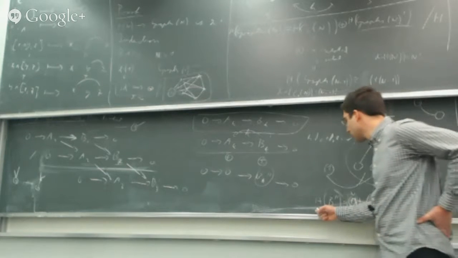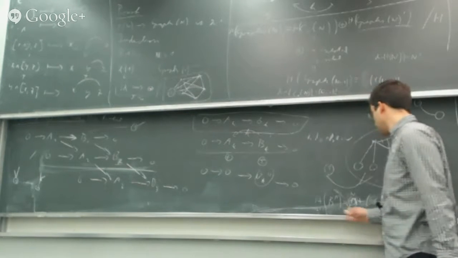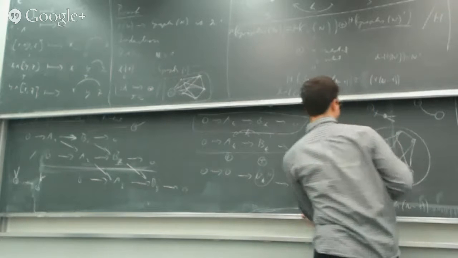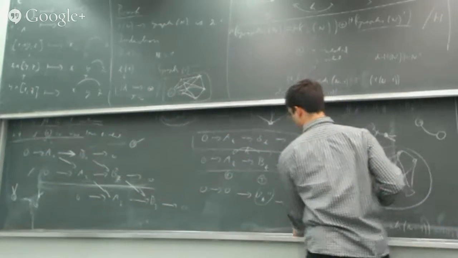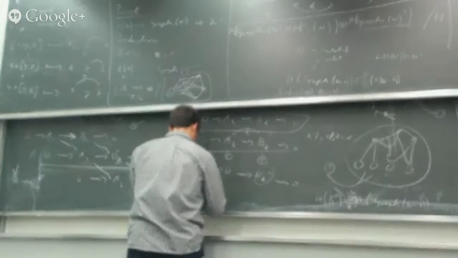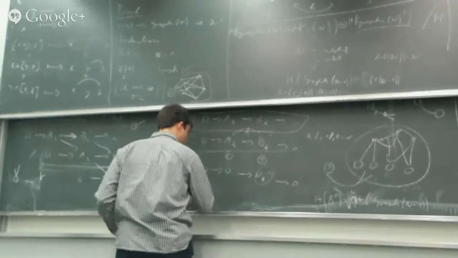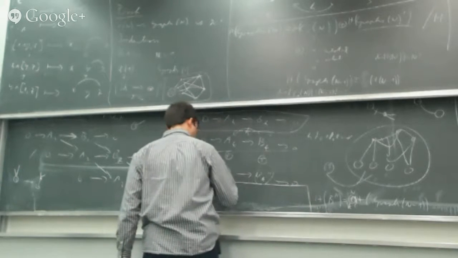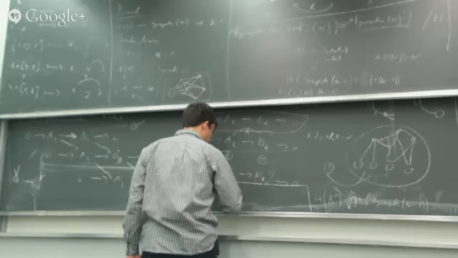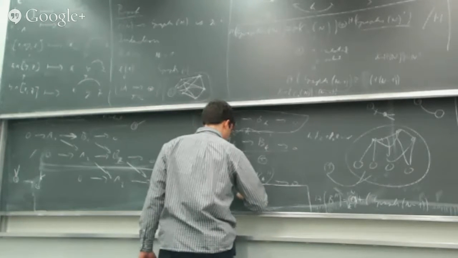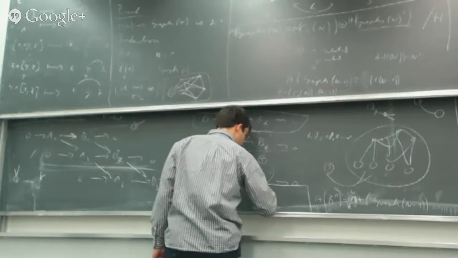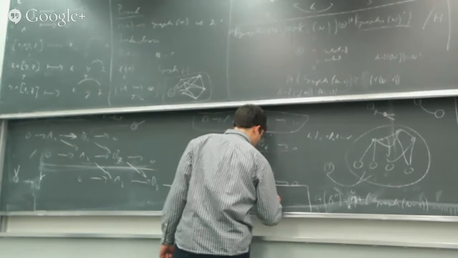Therefore, the dimension of B prime double prime is n minus 1 times the dimension of that, which is n minus 1 factorial.